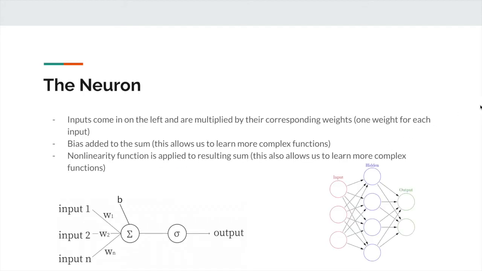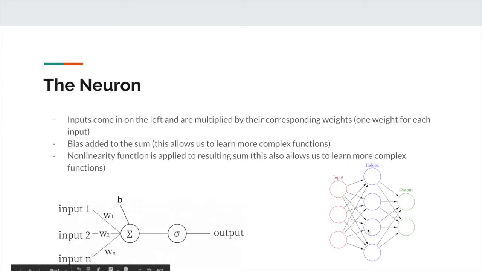So to start off, we first have to explain what a neural network is. A neural network is basically a collection of individual units called neurons, and these neurons are connected, as shown below, where the neurons in one layer are connected to every single neuron in the next layer. We can have many layers like this.